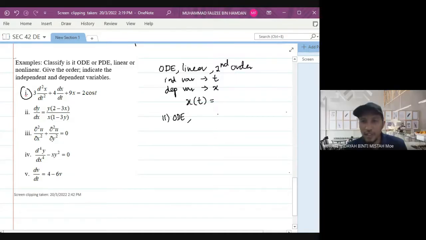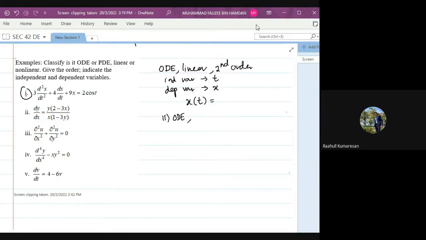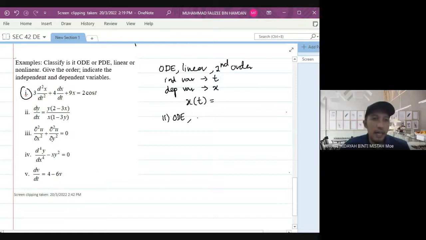Non-linear. Why did you say non-linear? Because to be linear it has to be in terms of only x. Yes, but we have a y here. So if you want to make it clear, we try to write it into the standard form. In this case it is first order.